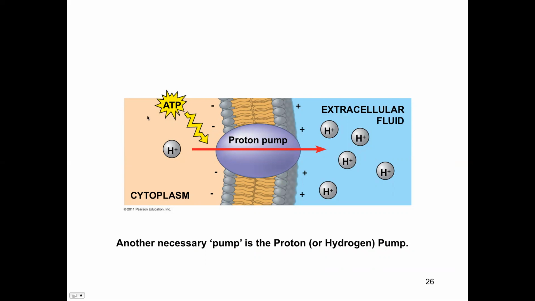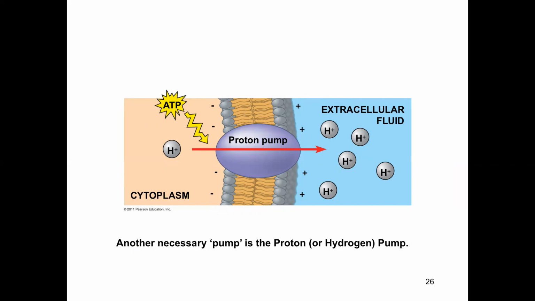So the cell uses energy to make this gradient. In class, I use the idea that you should think of it as water flowing over a dam, right? We can use that water as it flows over the dam, because it produces energy, to make electricity.